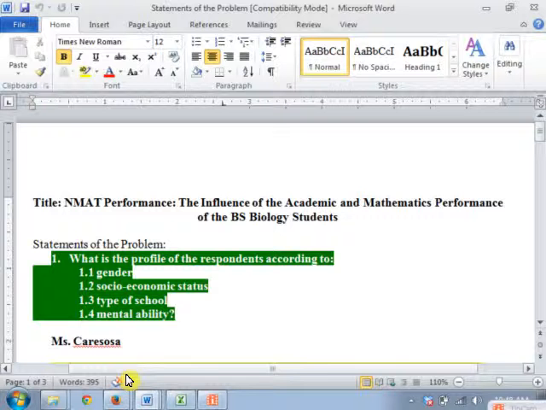But for the sake of exercise, how are we going to determine the results in the mathematics performance of these BS Bio students?